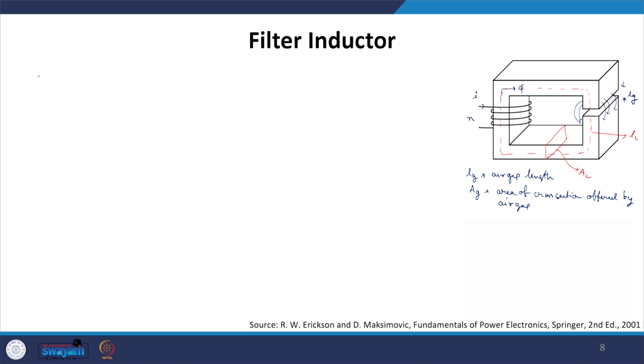What we have seen is that since the area enclosed in the BH loop is small, we can say that the core loss in the inductor is negligible, as the area enclosed in the BH loop is very small.